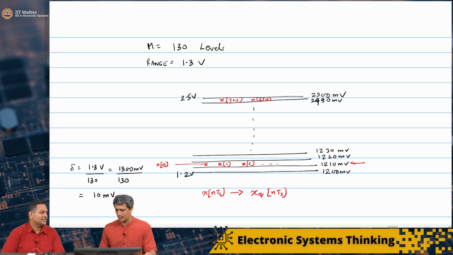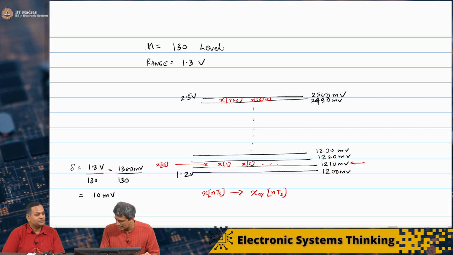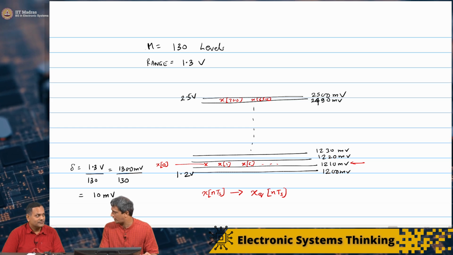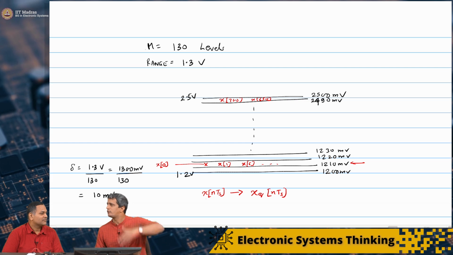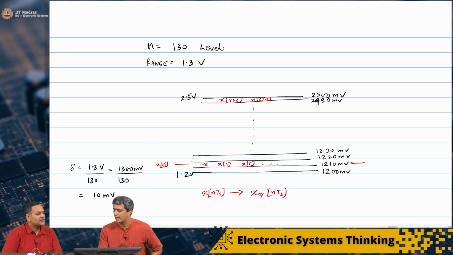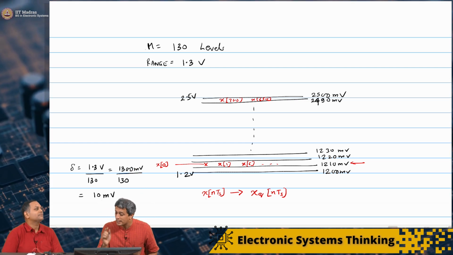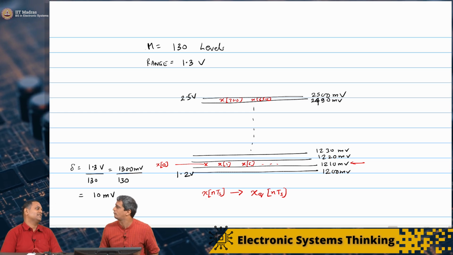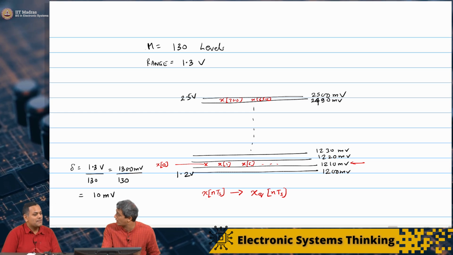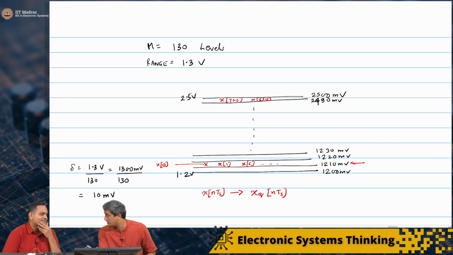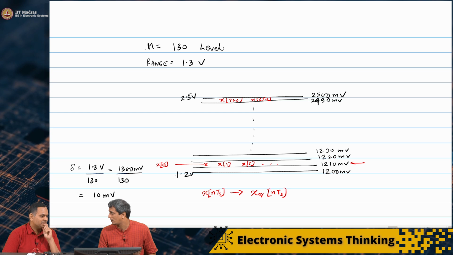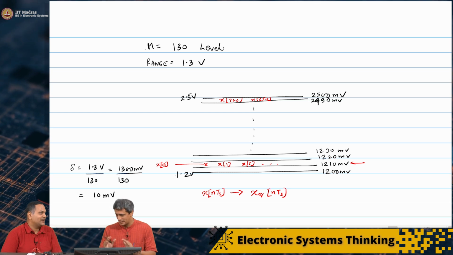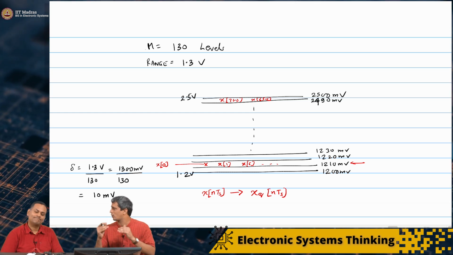The only difference between x of nTs and xq of nTs is that x of nTs can take infinite real number values, while xq of nTs can take a finite number of values. These are not necessarily integers. If you look at it in volts, it's 1.21 volts. Nothing is an integer; it is just a bin that we have pinned it to.